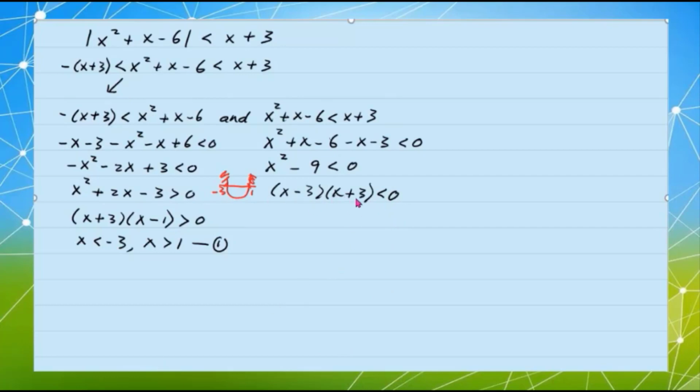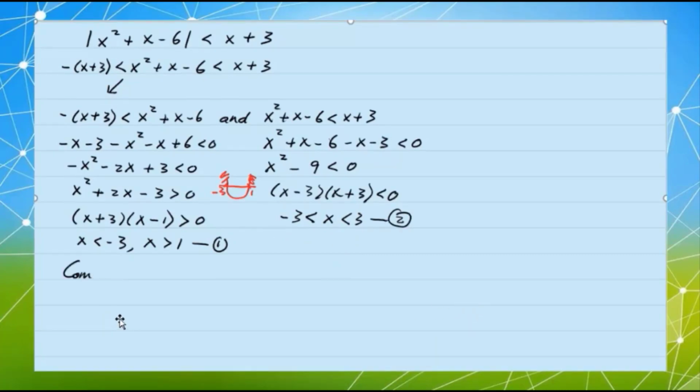Now when we sketch the graph of this quadratic, we found that it is a U shape, and since the inequality is less than 0, the set of value of x is x greater than negative 3 and less than positive 3. Now we combine the set of value of x by using the conjunction AND.